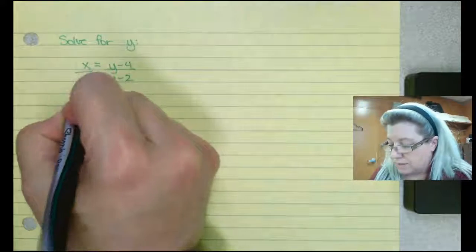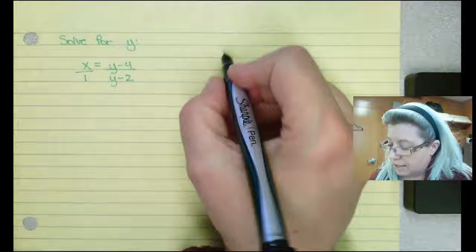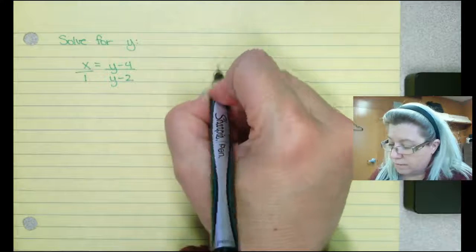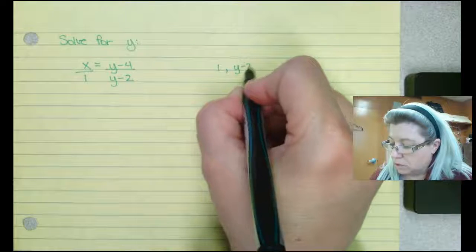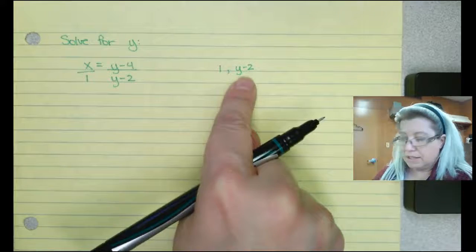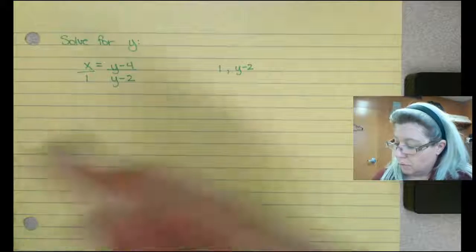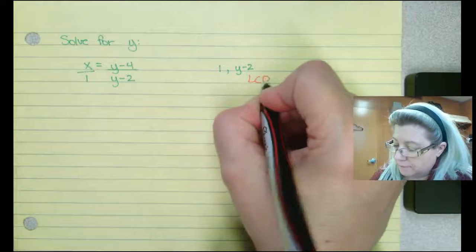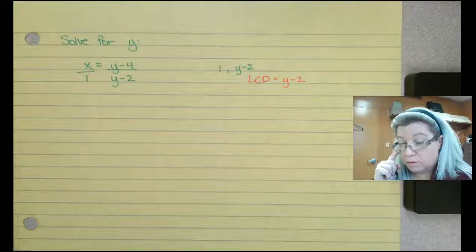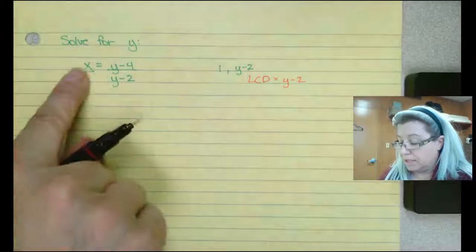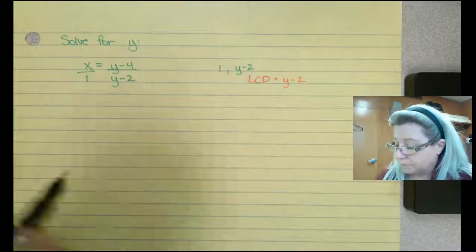So on the left-hand side, my denominator is 1. On the right-hand side, my denominator is y minus 2. A 1 and a y minus 2 have nothing in common, therefore my LCD is y minus 2. My goal is to get it to say y equals something instead of x equaling something.